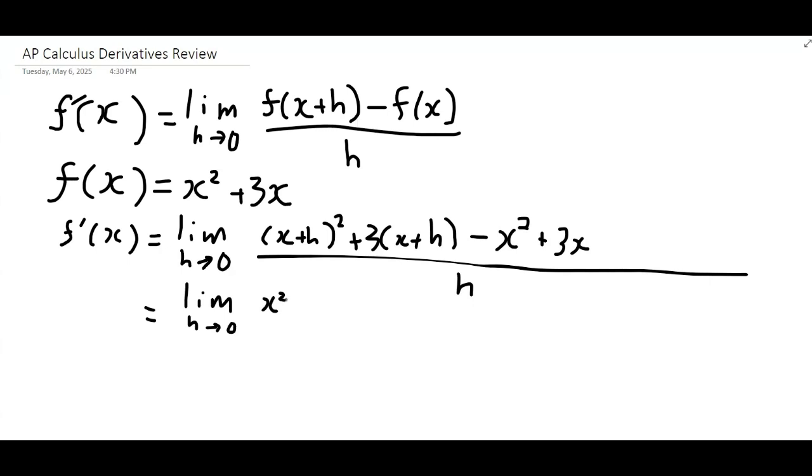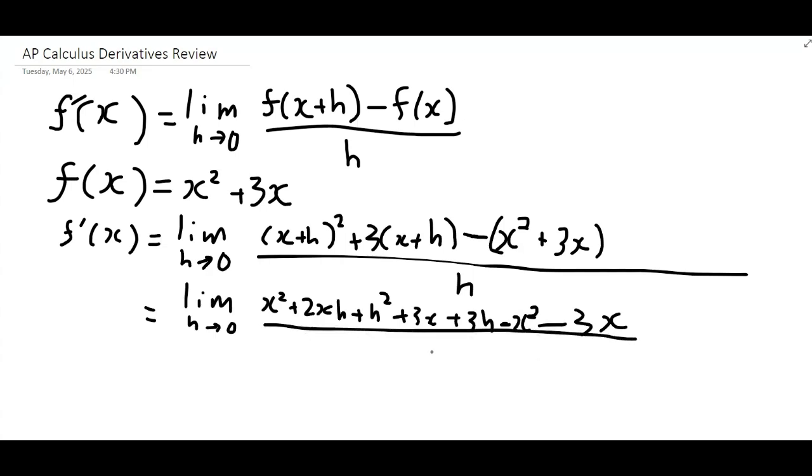x squared plus 2xh plus h squared plus 3x plus 3h minus x squared. Oopsies. Sorry about that. It should be a minus, there should have been a minus here, 3x, and then divided all of that by h.